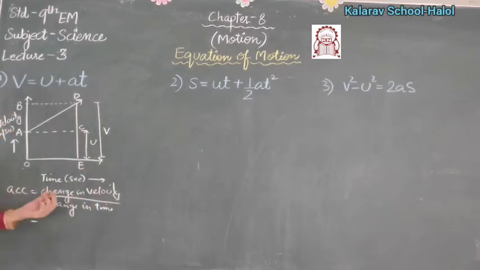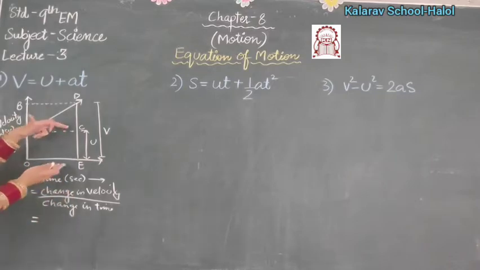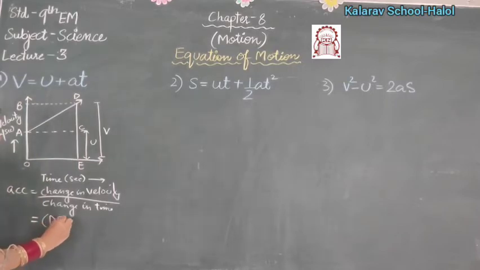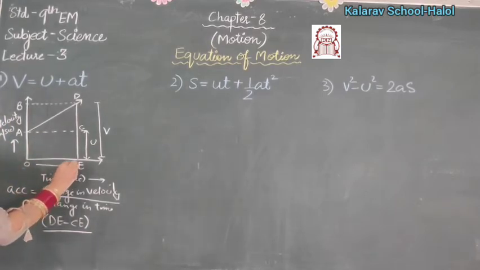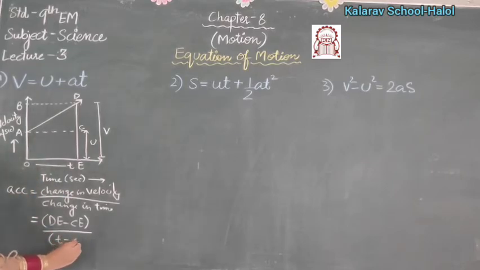Here the first velocity is CE and the final velocity is DE. So DE minus CE upon the time: the body is firstly at 0 seconds and after that it covers the distance in t seconds. So it is t minus 0, or OE minus 0.